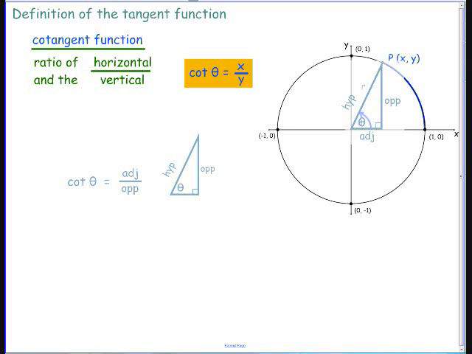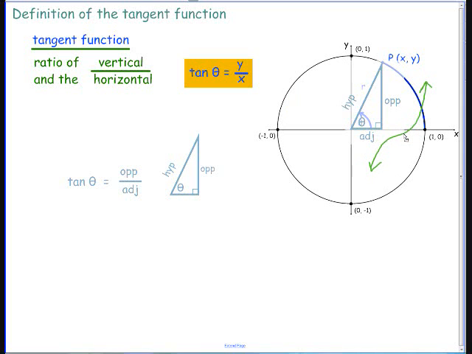Now obviously these are going to have asymptotes, because every time x goes to 0 you're going to see an asymptote. So for tangent, it starts out okay at angle 0, but as soon as we get to 90 we have an asymptote.